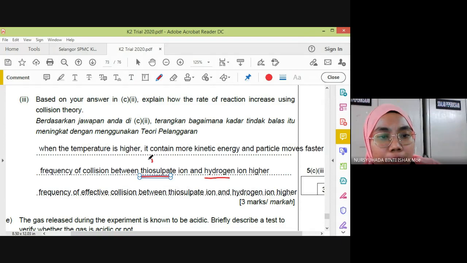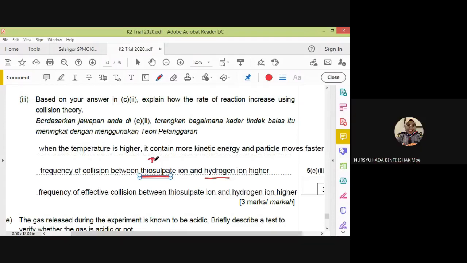Macam mana kamu tahu react apa dengan apa based on ionic equation. Kamu kena buat ionic equation baru kamu tahu oh ion apa react dengan ion apa, or molecule is known to be acidic. Tadi dah tulis dah ke atas.